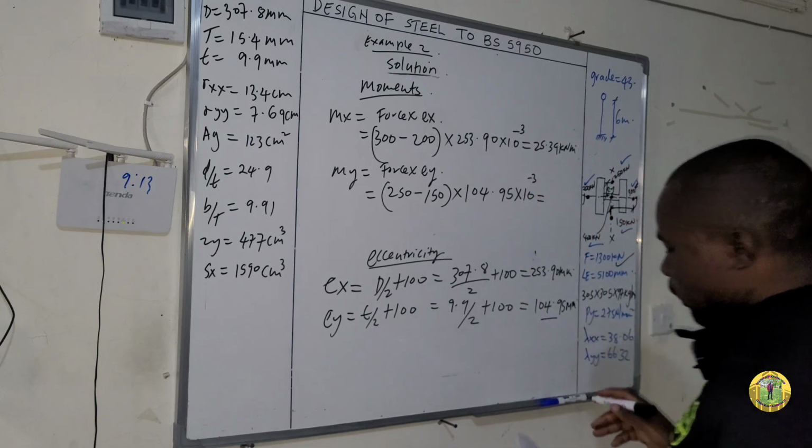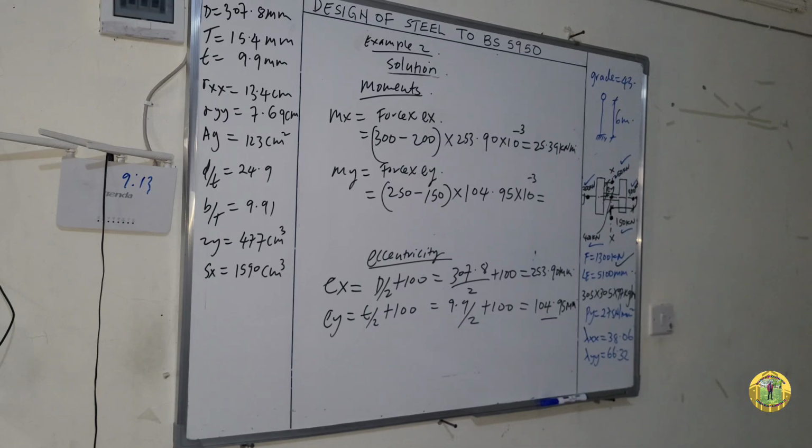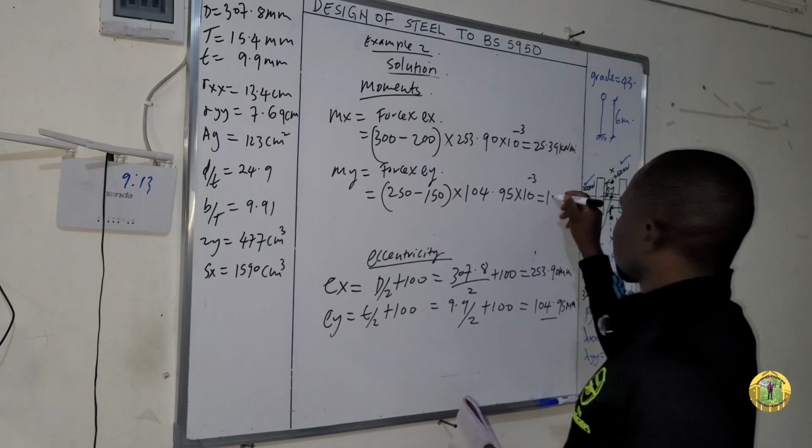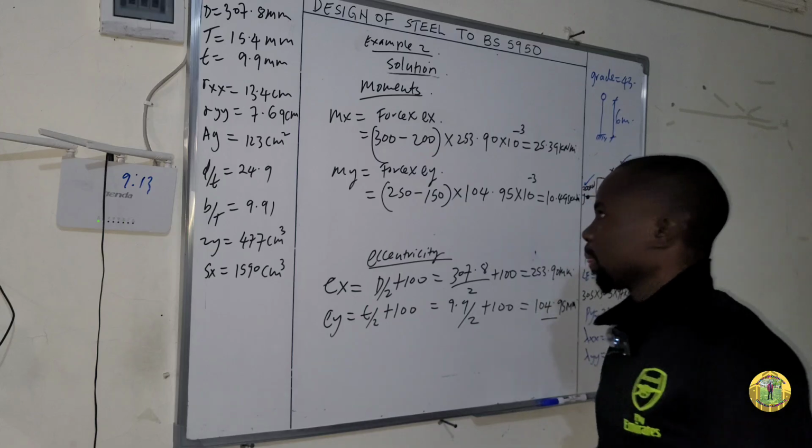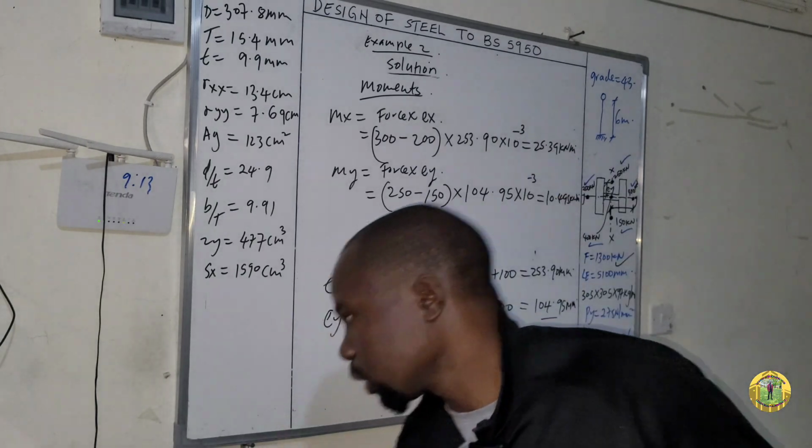So if you carry out the operation, you will get 10.495 kilonewton meter.